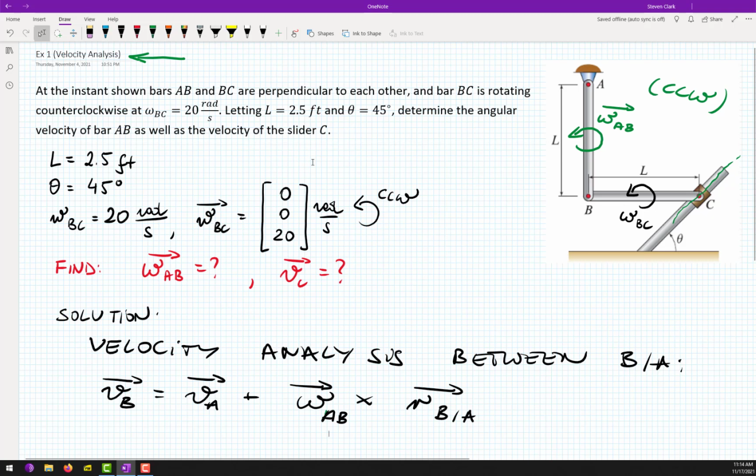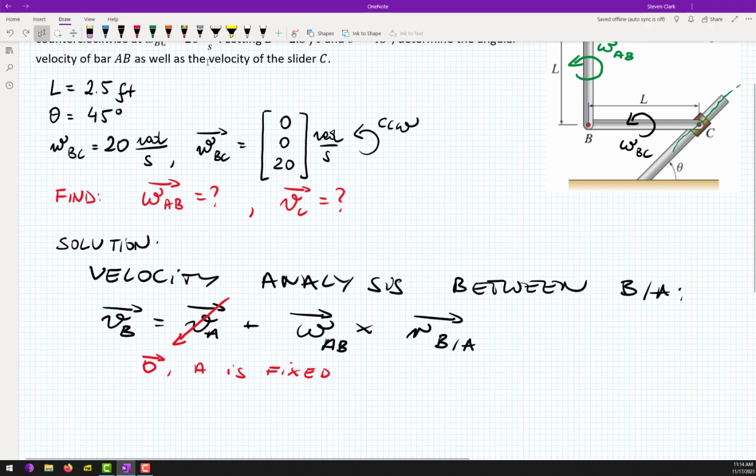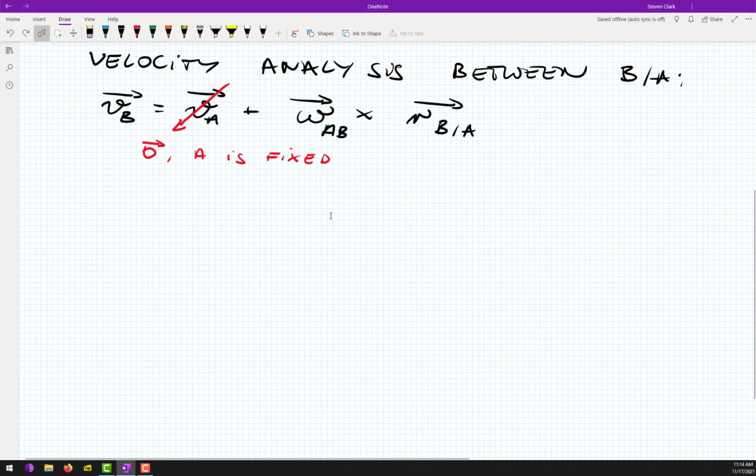What else do we know? We know that VA is the zero vector, because A is fixed. I hope you can all see that A is fixed. If you look at the top right corner of your screen, you will see that A is fixed. That simplifies our problem.